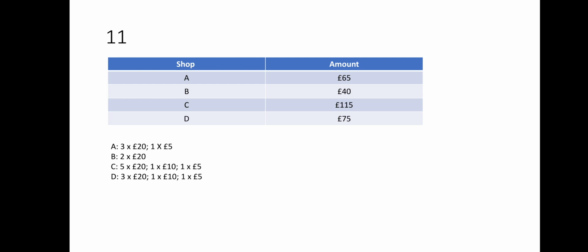And then the similar thing for D, you can reach £60 by having three £20 notes and then one £10 note and one £5 note for the remaining £15. So when we total all of these up, there are in total 13 £20 notes, two £10 notes, and three £5 notes.